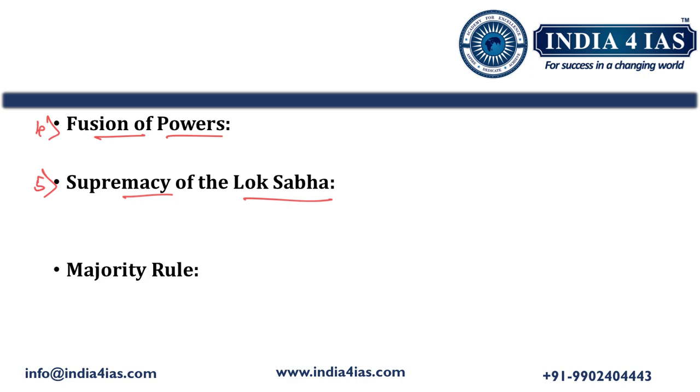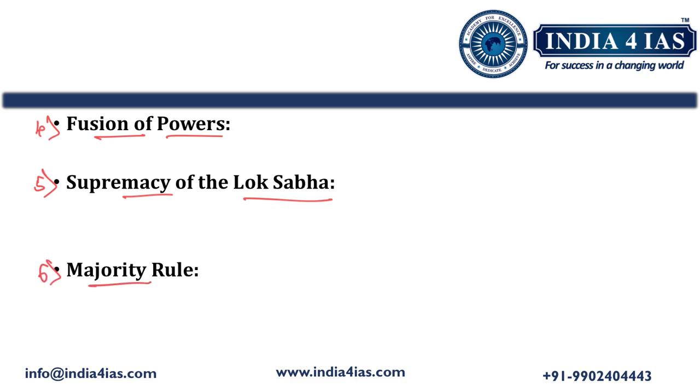In matters of finance, the budget can only be presented, discussed and voted in the Lok Sabha, not in the Rajya Sabha. And the vote of no confidence can only be introduced and moved in the Lok Sabha. That is the meaning of the supremacy of the Lok Sabha. Then the next feature is majority party rule.